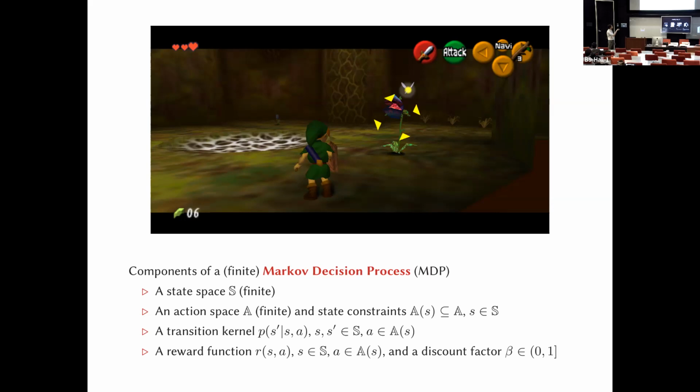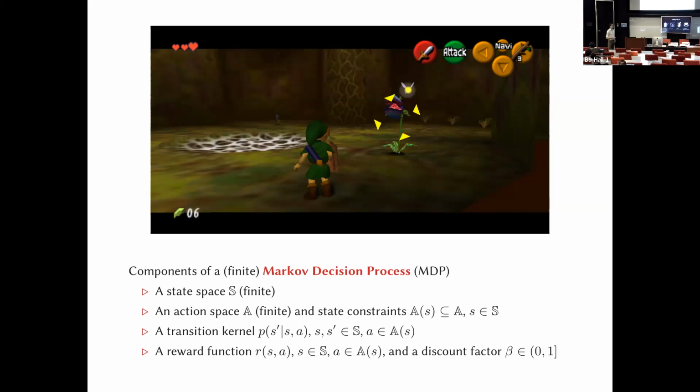And as I said, if I get rewards for killing enemies, optimally, I will start running around and kill everything. But I will never reach the end potentially. So I need to write down a reward which encourages what I actually want to achieve. Exactly. All right. So that's the setup.